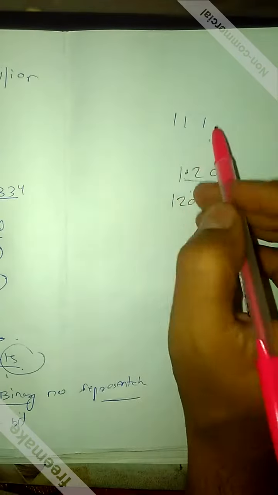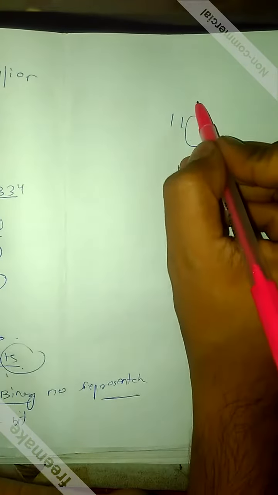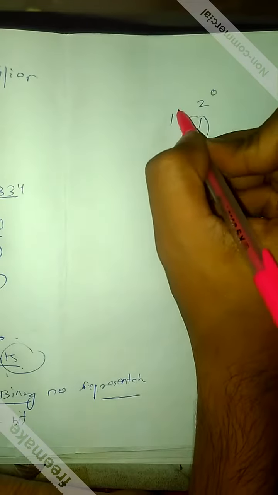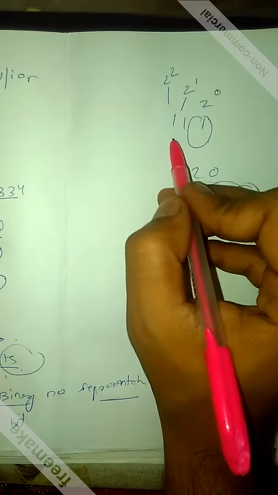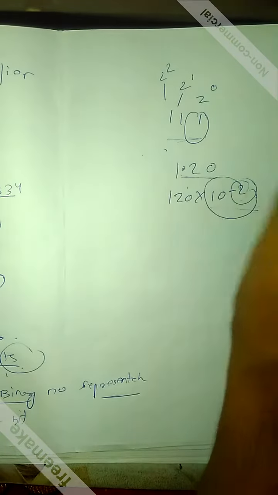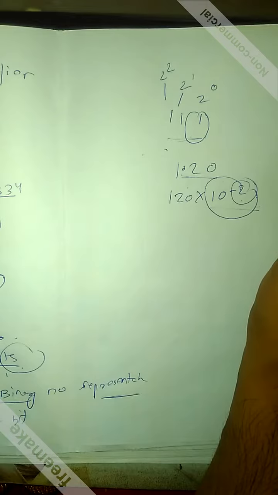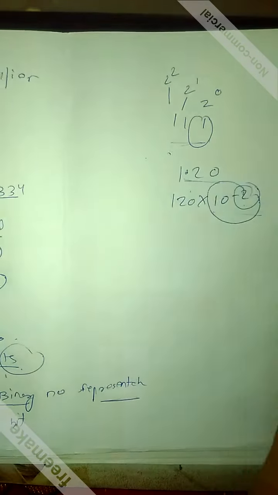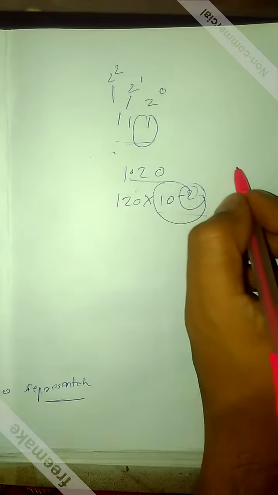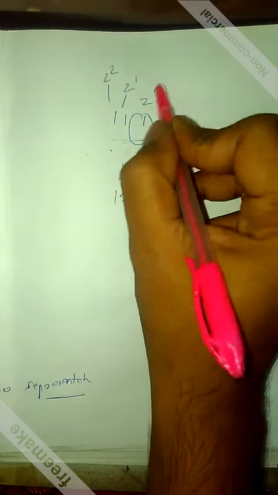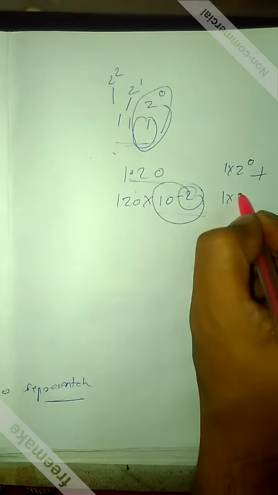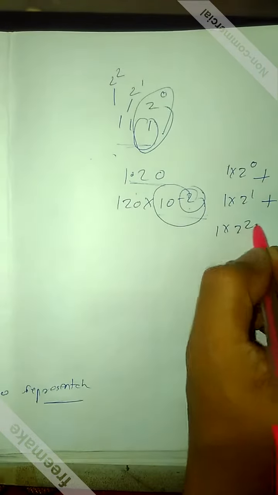Similarly, if we have 111, then this 1 is associated with 2 to the power 0, this is associated with 2 to the power 1, and this is associated with 2 to the power 2. So to write the corresponding decimal number for this binary number, we calculate as follows: 1 into 2 to the power 0, plus 1 into 2 to the power 1, plus 1 into 2 to the power 2.